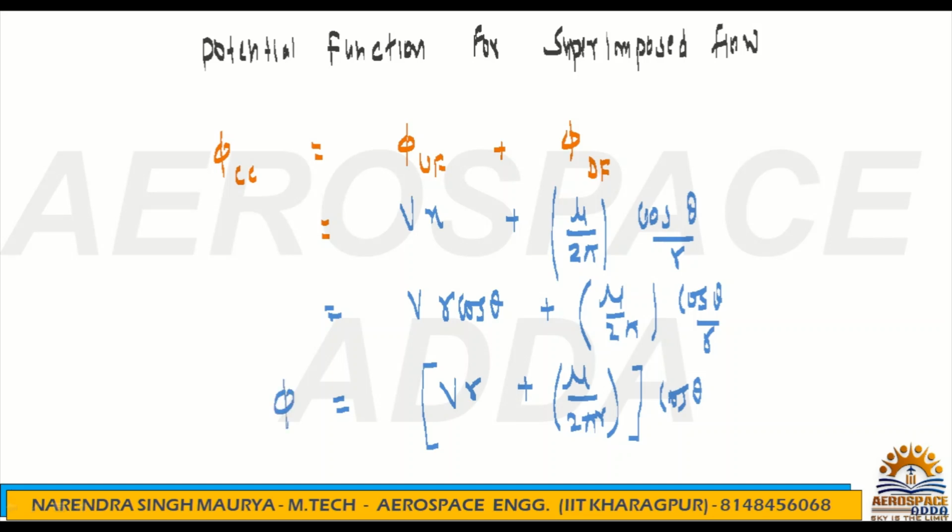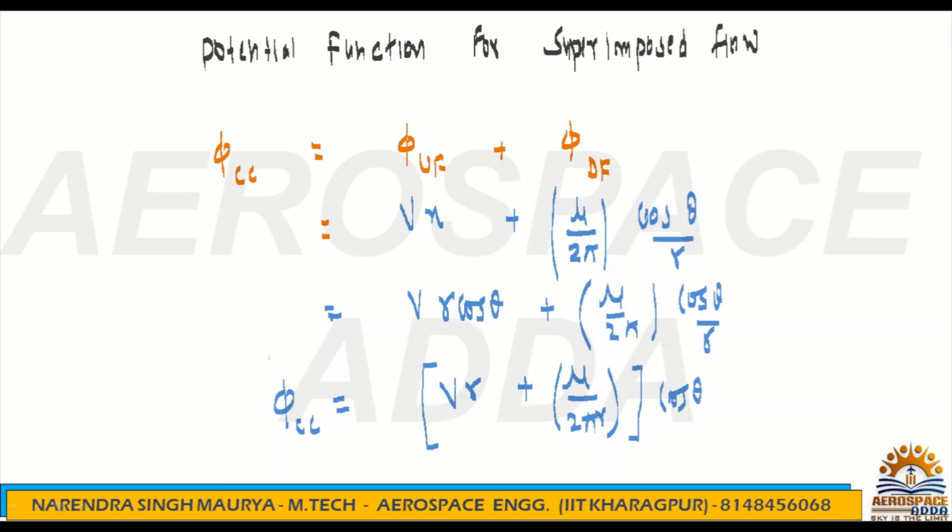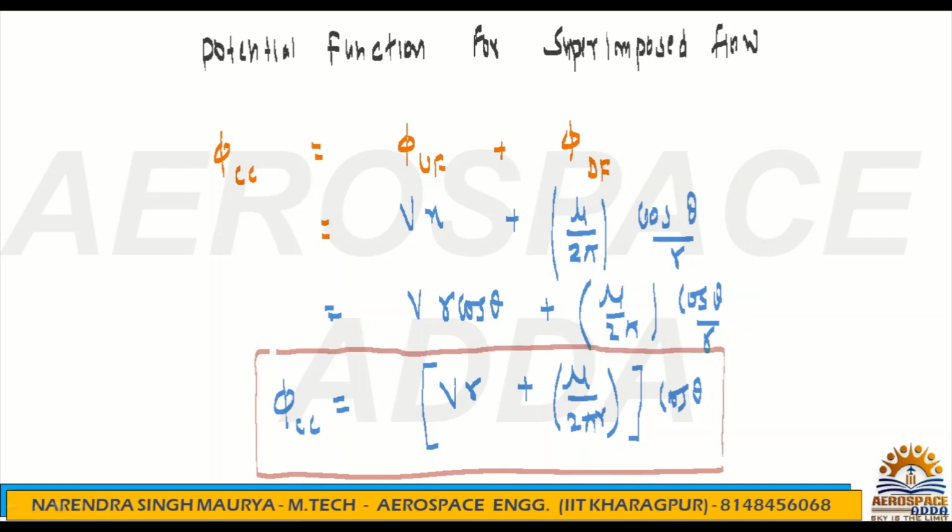This is phi. This is also very important: the potential function for the circular cylinder, the potential function for the superimposed flow. It is a superimposition of uniform plus doublet flow, which is nothing but a circular cylinder.